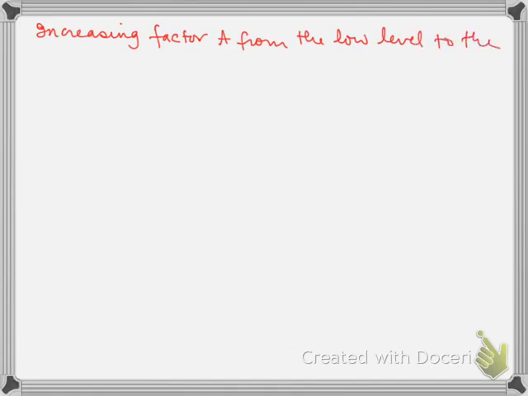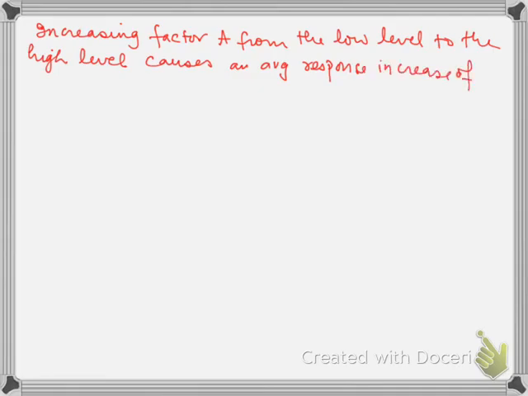So verbally, increasing factor A from the low level to the high level causes an average response change, or response increase in this case, of 21 units.